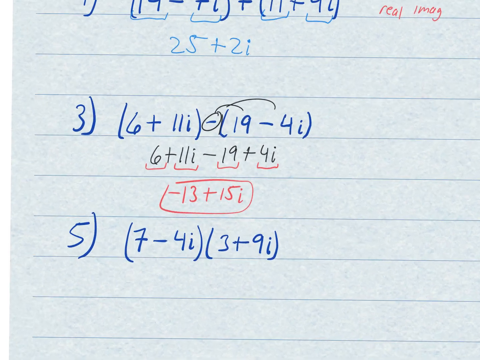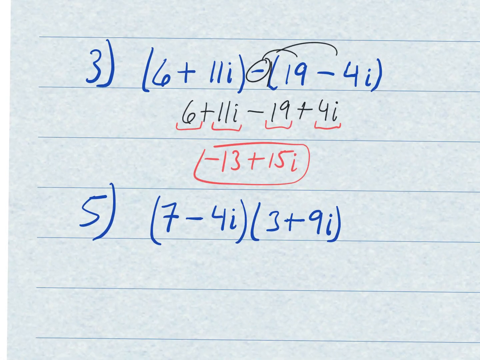Number 5, this one we're going to be multiplying. To multiply complex numbers, you want to FOIL this. This kind of looks like a binomial times a binomial. So we can do 7 times 3 is 21. 7 times 9i is going to get us plus 63i.